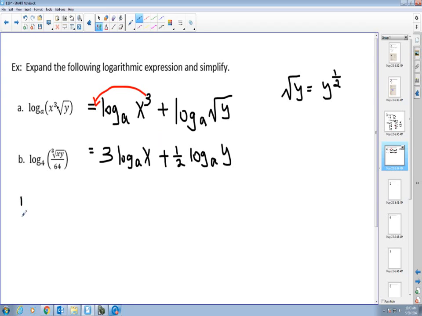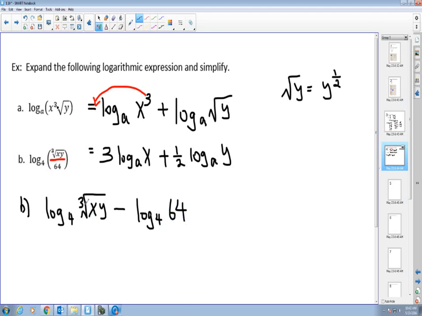All right. So for part B, let's take a look. The division means subtraction. So if I want to first write this thing out, it will be log with the base 4 of cube roots of xy minus, division means subtraction, log with the base 4 of 64.